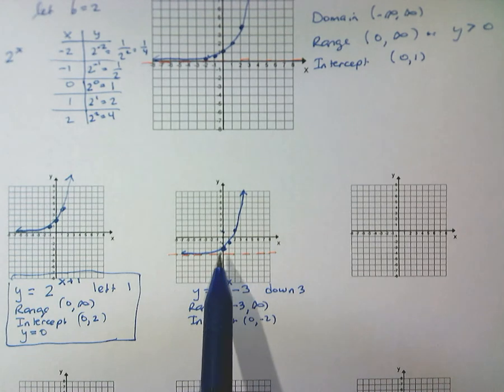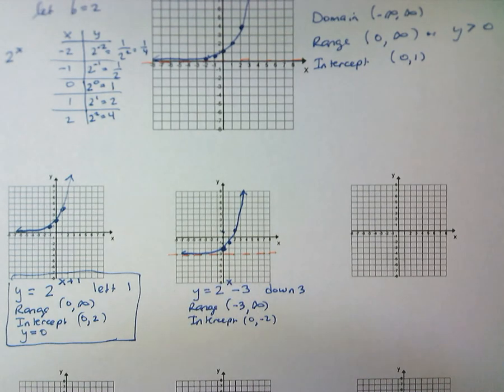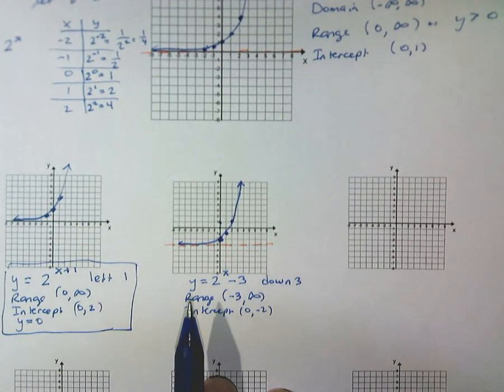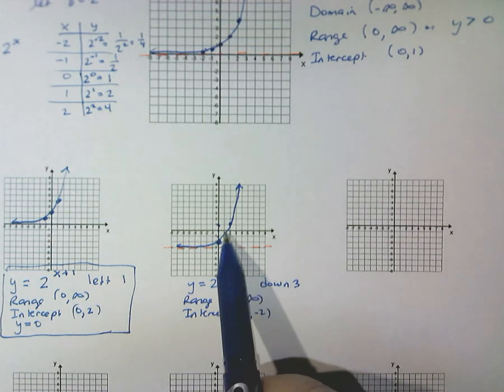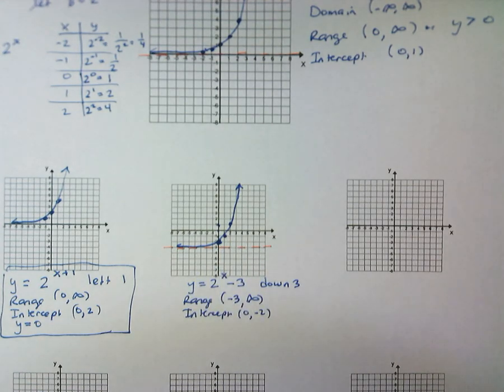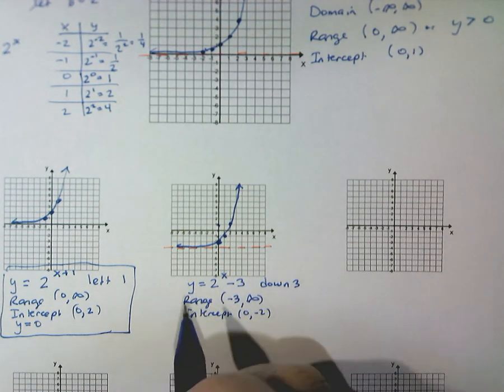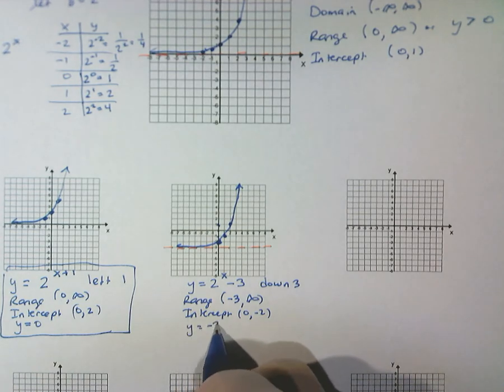To find my x-intercept, I let y equals 0. So if I put a 0 here for y and solve it for x, I'm going to get a decimal. So we're going to leave that till later on, but it's somewhere between 1 and 2 that it crosses the x-axis. And like I said, my asymptote is y equals negative 3.